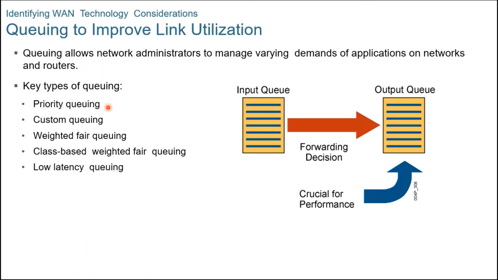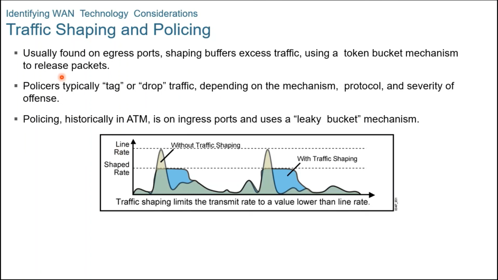Key types of queuing include priority queuing, custom queuing, weighted fair queuing, class-based weighted fair queuing, and low latency queuing. You can go ahead and check the supplementary videos for additional information about queuing. Traffic shaping and policing.